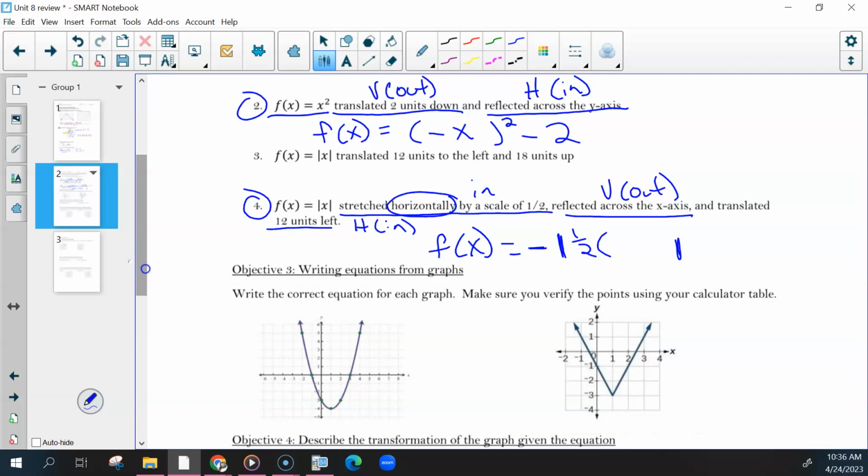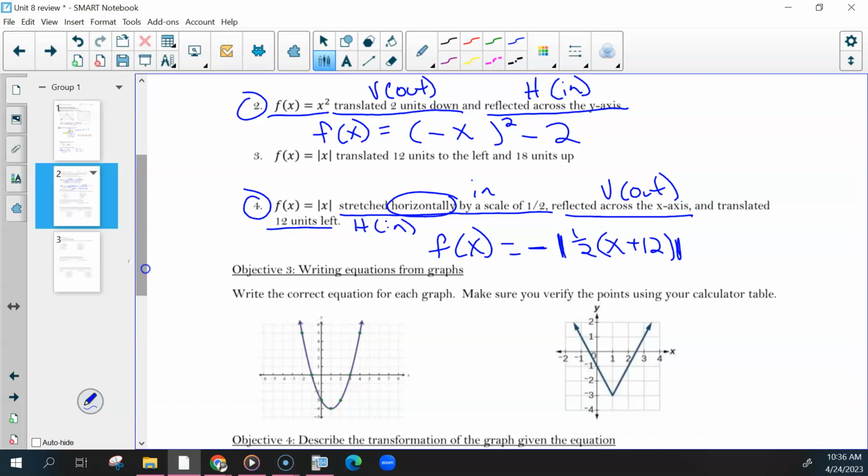How would we write translated units left? Would that be plus or would that be minus? It would be minus. It's always, I'm sorry, you were right. I said backwards. It's always opposite, so plus. And then it would look just like that.